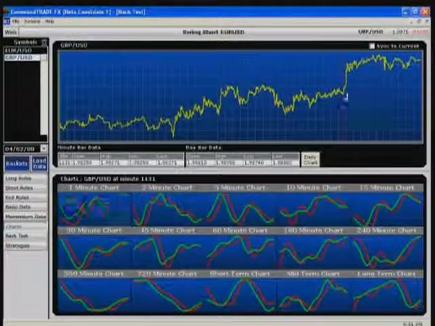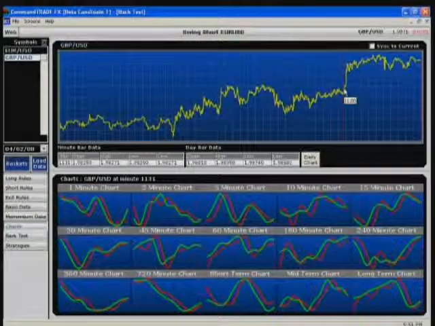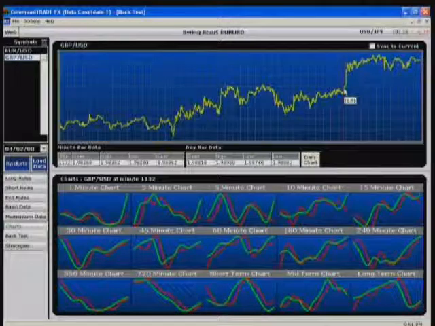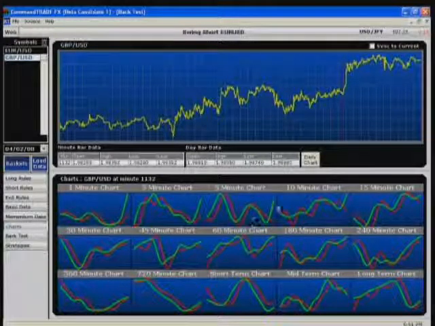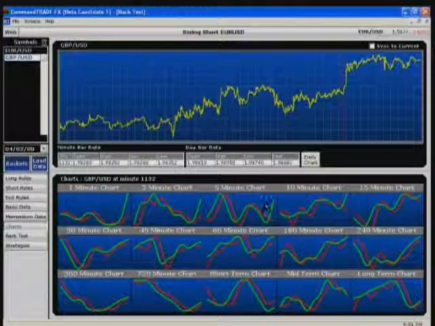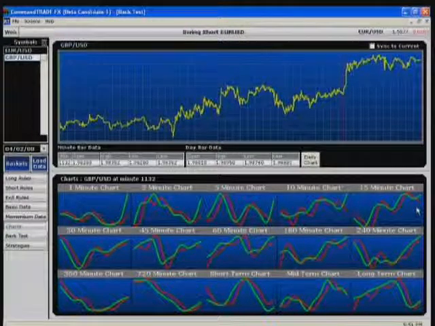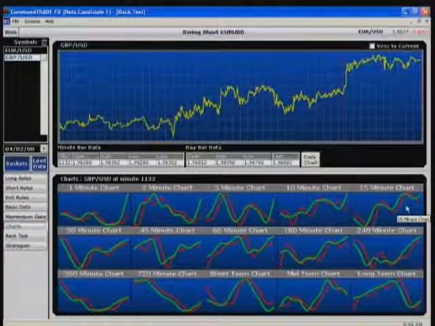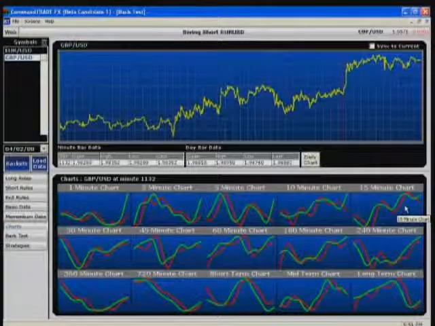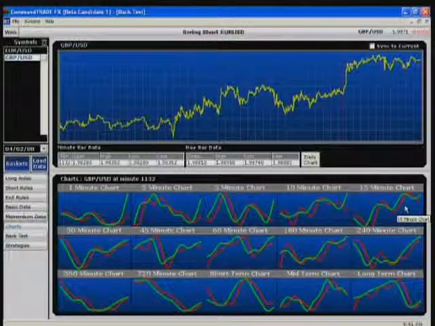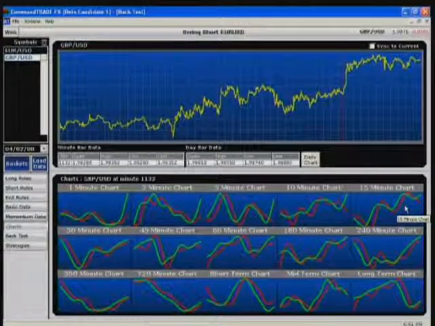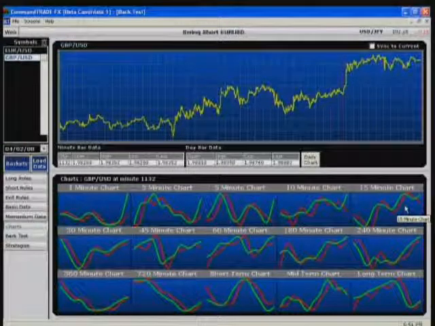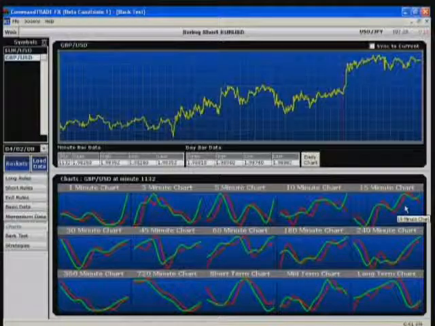Well, let's go right to this area right here and let's watch how those charts form. That 1 minute's up steep, that 3 minutes up steep, that 5 is giving you a fresh cross. That 10 and that 15 are both giving you fresh crosses. Well, why not build a strategy around that idea? A fresh cross on the 15, a fresh cross on the 10, a fresh 5 with a solid 1 and 3, and maybe that's my day trading strategy there.